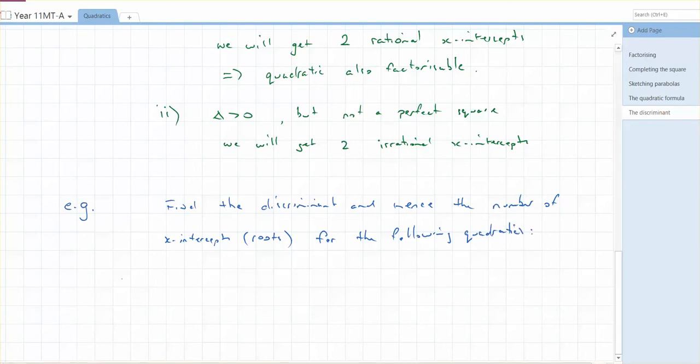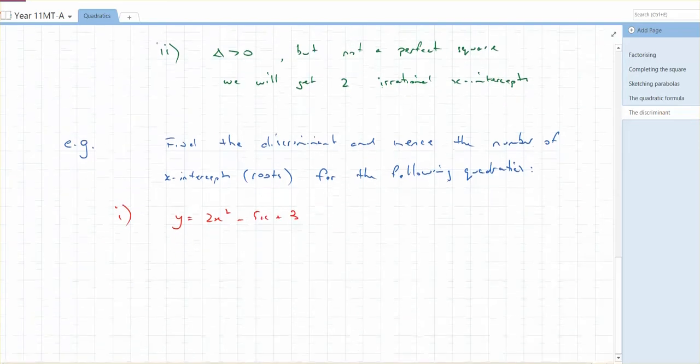Okay, first one, y equals 2x squared minus 5x plus 3. Okay, so now we're asked to find the discriminant. So let's find the discriminant.